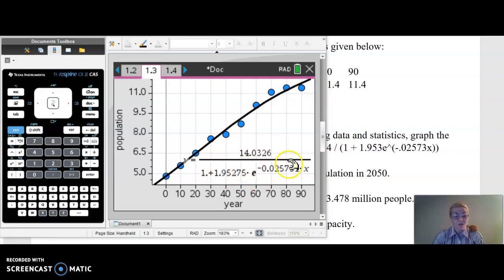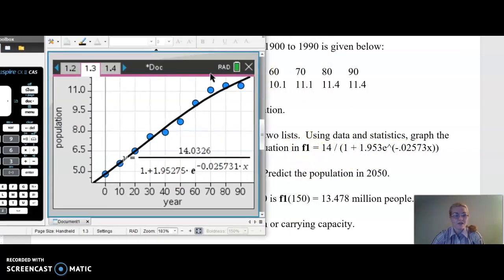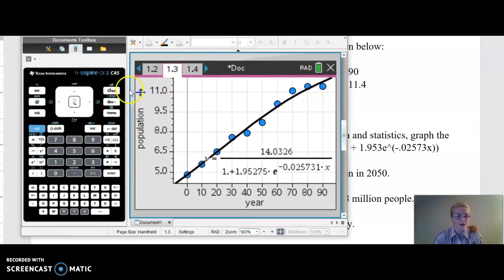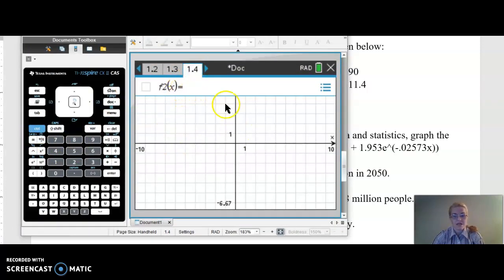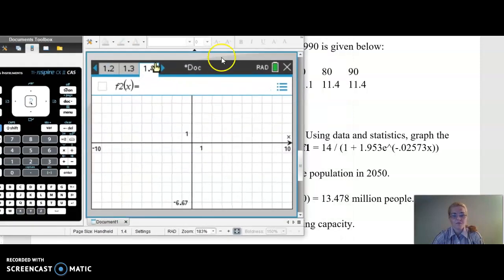So go ahead and copy this equation down off to the side, and we're going to store that in a function. So I'm going to go to a new graph here and type that in. You'll see I rounded the numerator, right?